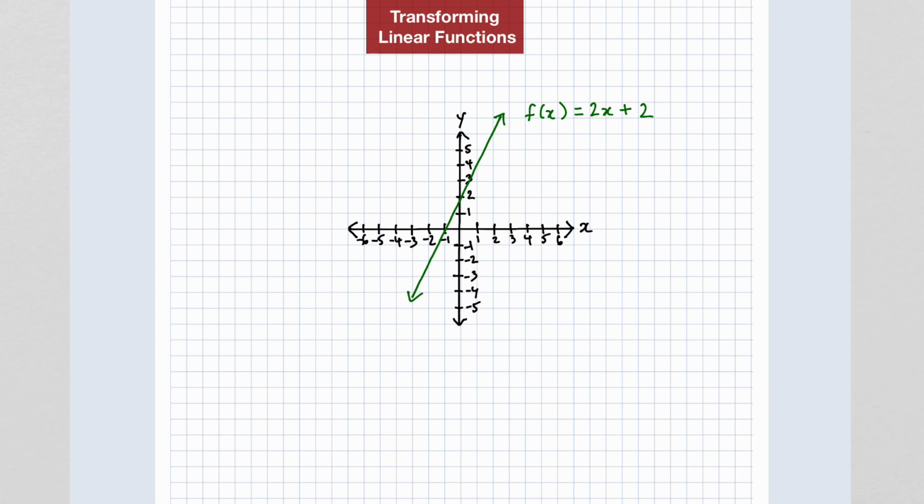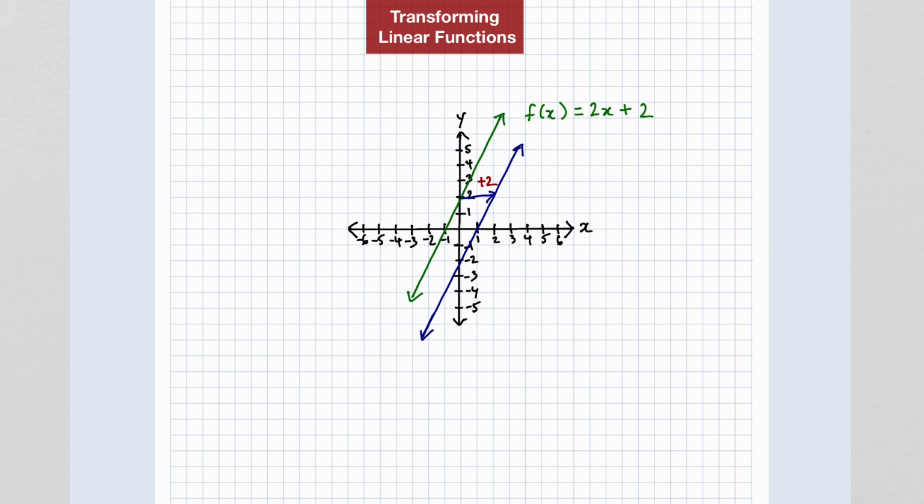Now if we have the following line, you'd see that there is actually a horizontal translation of 2 to the right, or a plus 2. So let me go ahead and draw that in. Okay, so it's a plus 2 because it's a shift to the right of 2 places.